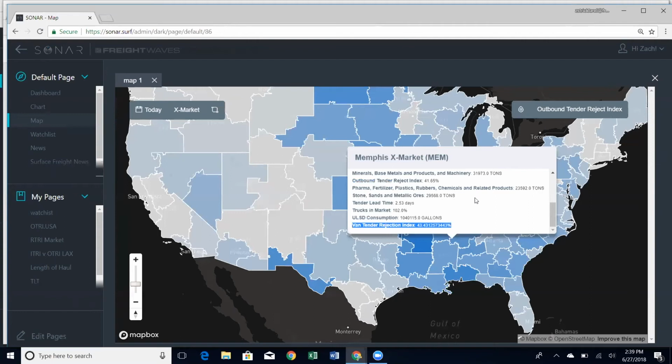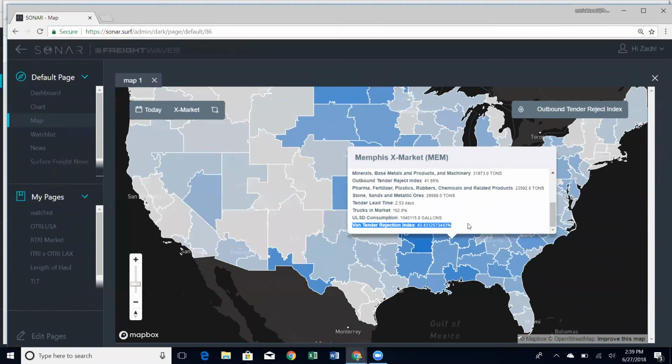We've had the reefer and flatbed also, but this gives you the full picture of what is going into the outbound tender rejection index. If you added up the van, flatbed, and reefer rejection indices together, the total would be the same amount of rejections to load requests that you have in the outbound tender rejection index.